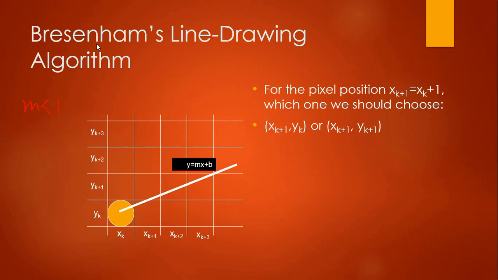When will the slope be less than 1? When the difference in x is more than the difference in y. If the difference in x is more and the difference in y is less, then m will be less than 1.